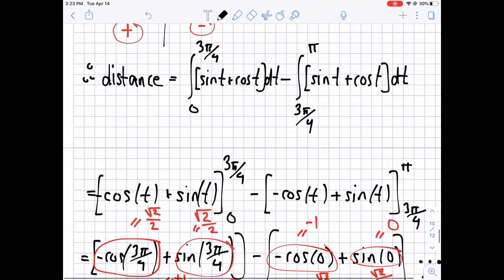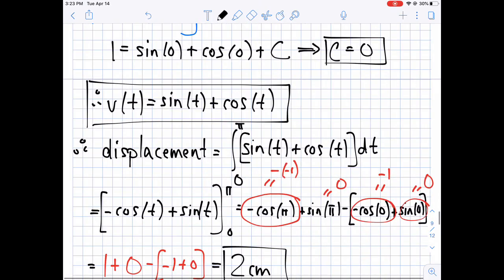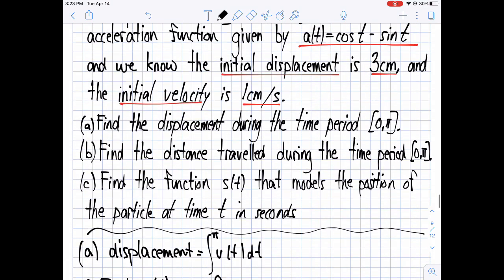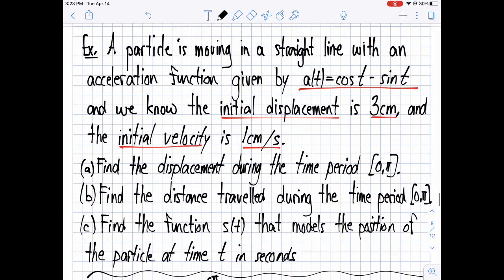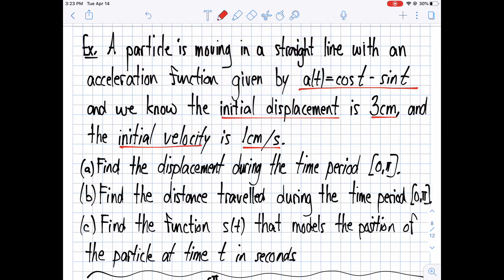Now, there was a part C here. So we found the displacement, we found the distance traveled, but now we're looking at part C. We want to find the function s of t that models the position of the particle at time t in seconds. So again, we're going to have to go back to the information that was given to us.